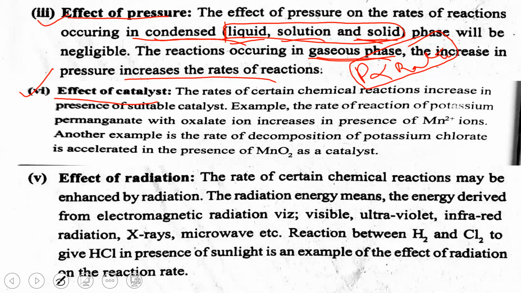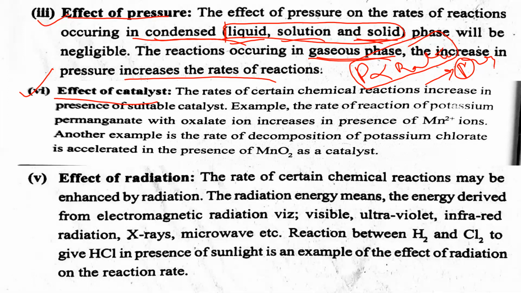in that case, if you add the catalyst to that reaction, the rate increases and the products are obtained very fast. On the other hand, there is a reaction that undergoes very fast, but we don't need that much speed. In that case also we add some chemical substance to that reaction, and that chemical substance will slow down the reaction.